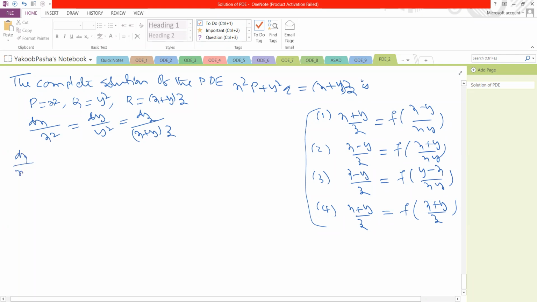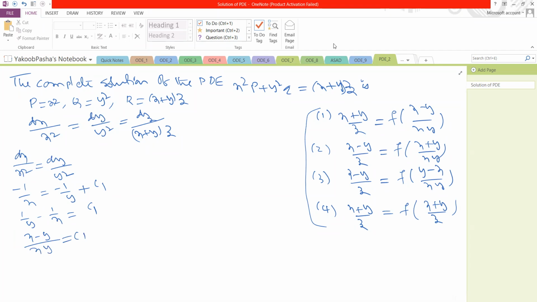Dx by x square is equal to dy by y square. That is integration minus 1 by x is equal to minus 1 by y plus c1. That is minus 1 by y minus 1 by x is equal to c1. So here x minus y divided by xy is equal to c1, the first curve.